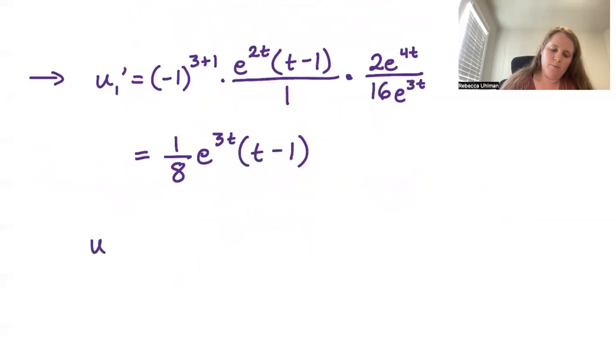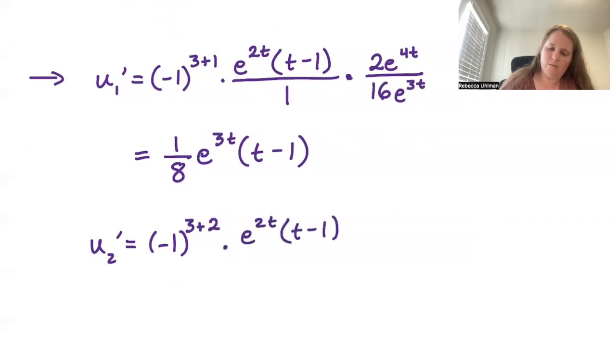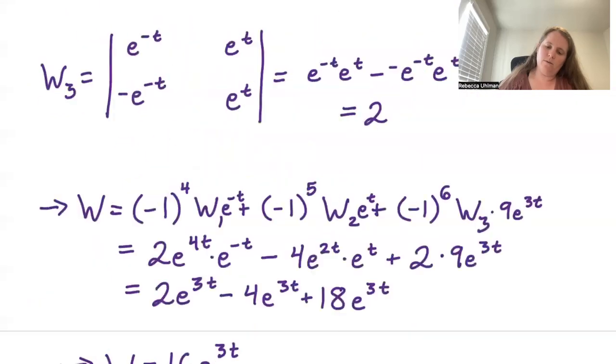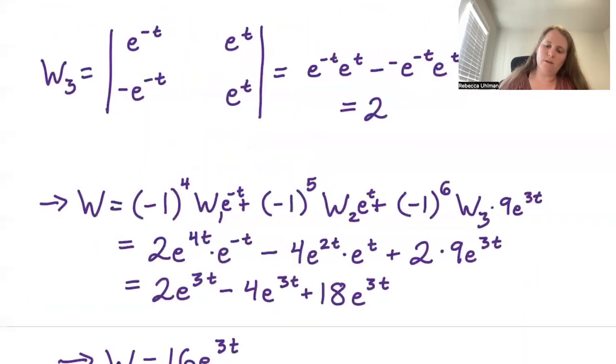Our u2 prime, we will have -1 to the 3 plus 2, sorry, that's how I should write that. I apologize. Times e to the 2t times t minus 1 divided by 1 times our W2 was 4e to the 2t.